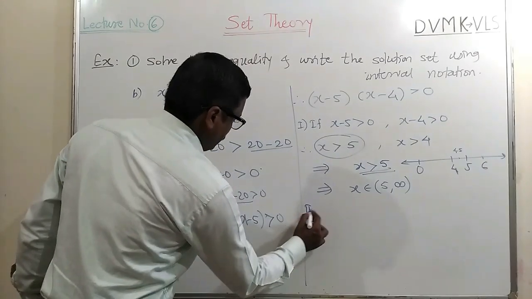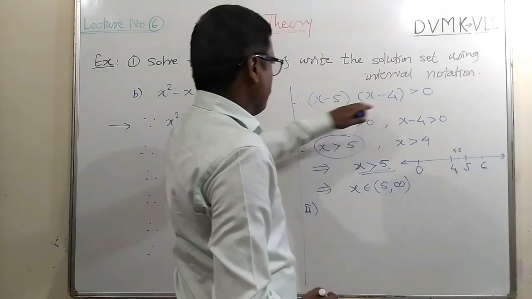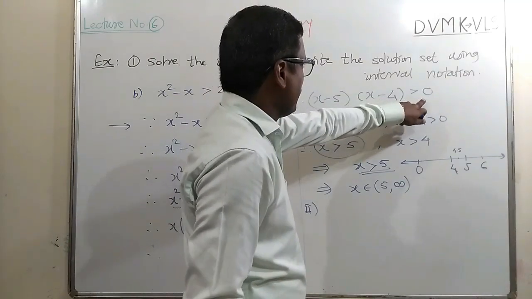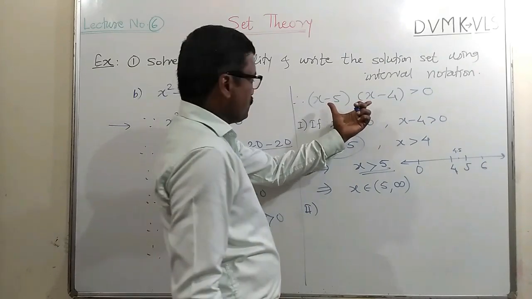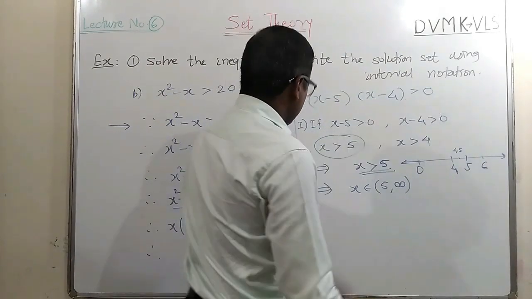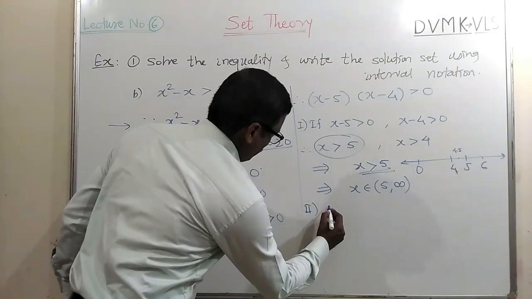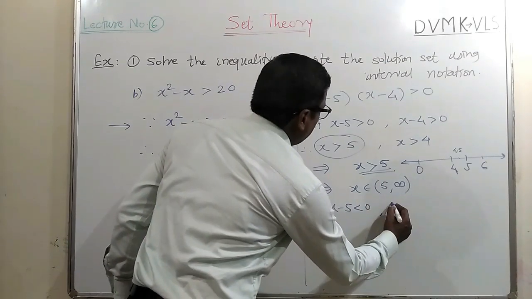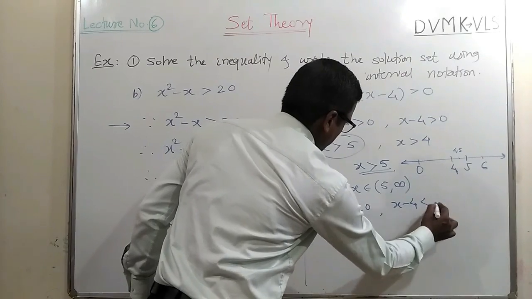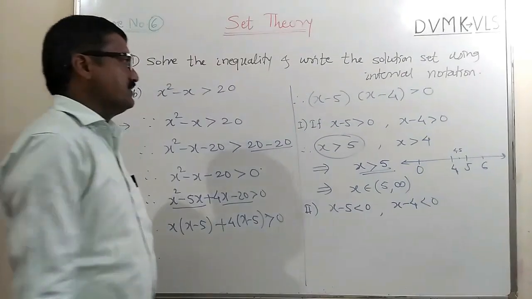Now the second part. The product of both these terms is positive, so whenever these two numbers are negative, their product is positive. Therefore, in the second case, we consider that x minus 5 is negative and x minus 4 is also negative. Less than 0 means negative.